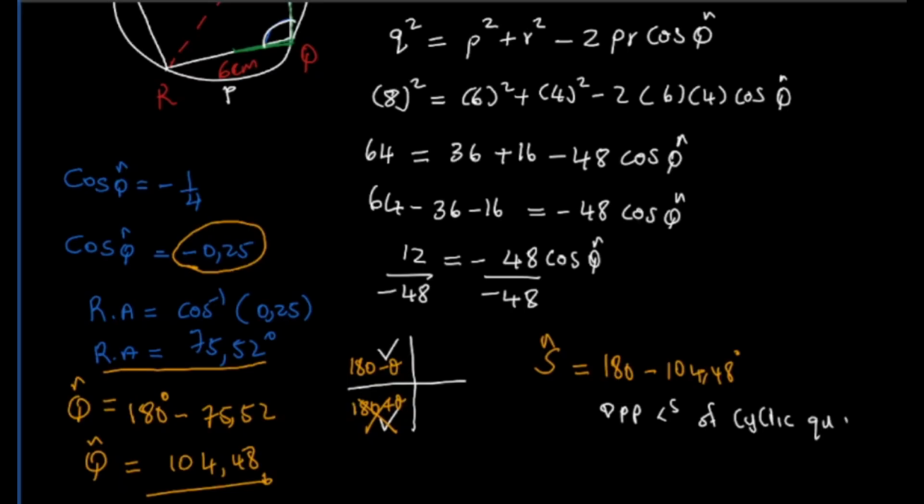Equal to 180. Complementary is 90. Therefore, angle S is 75.52. Simple. You good? Yes, I'm good.